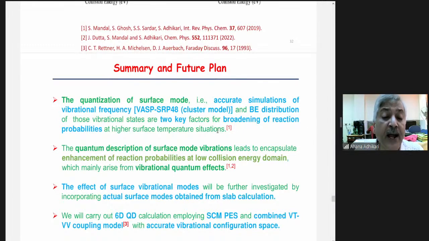situation. In fact, this kind of calculation has industrial implications, because industry basically looks at what temperature you get maximum product of different catalysis reactions on the surface.